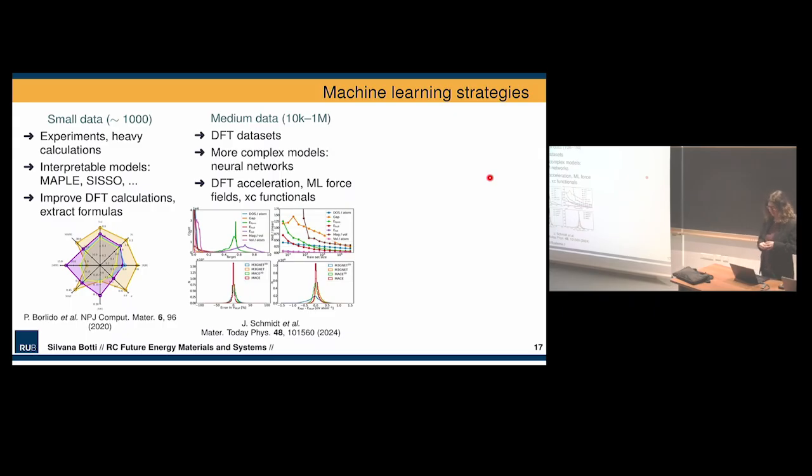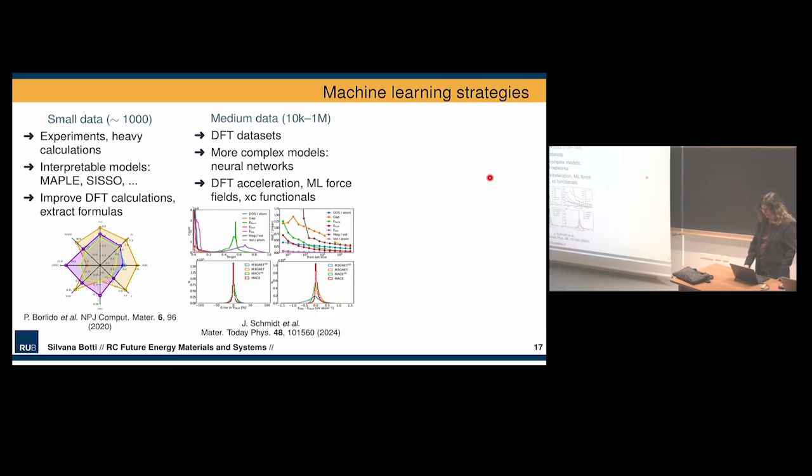When one has a medium data size, then one can do a little bit more complex things, for example, to pre-filter, to do more accurate DFT calculations for a smaller set of systems that can be more interesting, or training of machine learning force fields. One can also build new DFT functionals from the data.